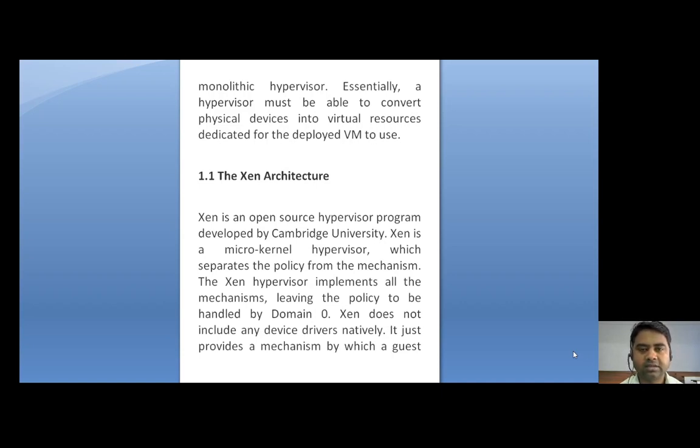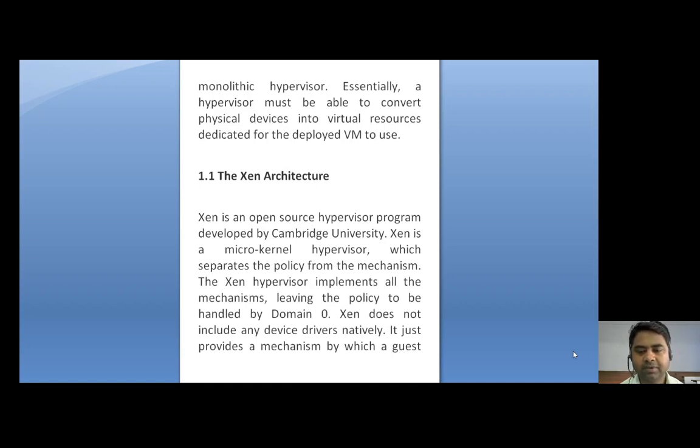Essentially, a hypervisor must be able to convert a physical device into a virtual resource dedicated for the deployed virtual machine to use. Now, what is the Xen architecture? Xen is an open source hypervisor program developed by Cambridge University. Xen is a microkernel hypervisor which separates the policy from the mechanism.